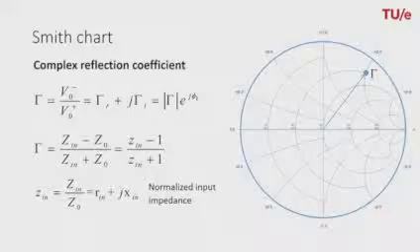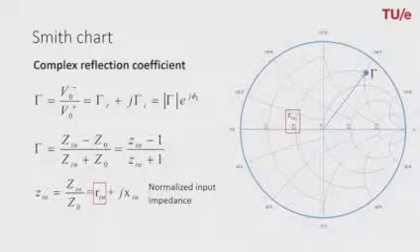The normalized input impedance, normalized to the reference impedance, consists of a real part and an imaginary part as well. Now, the real part, if we would plot that in the complex domain of the reflection coefficient, so on the Smith chart, if we would keep this real part constant, would mean that we would walk along one of these circles, as indicated here in the Smith chart.